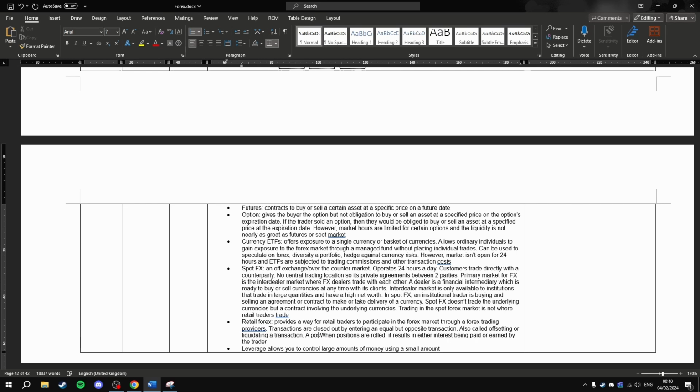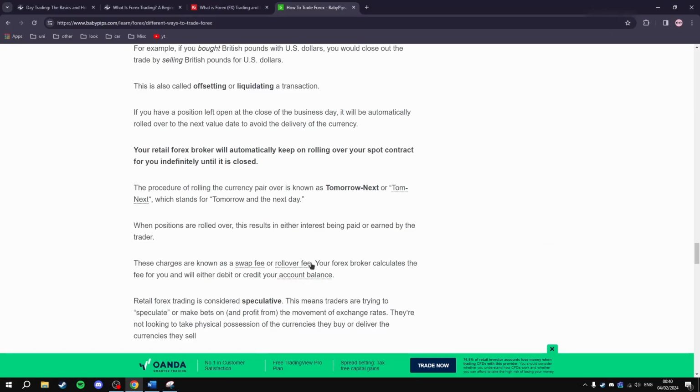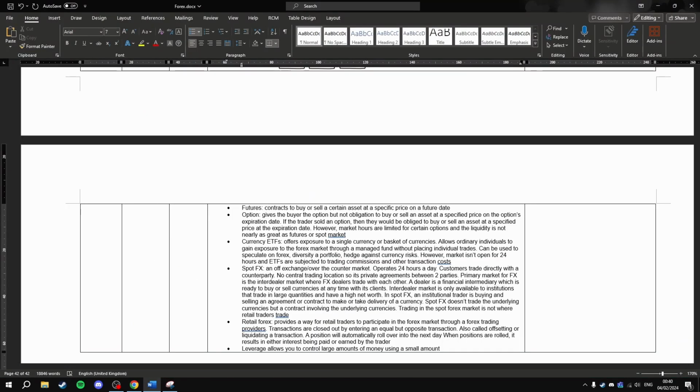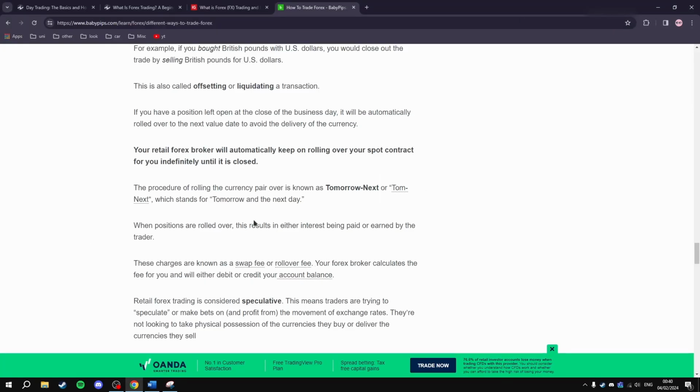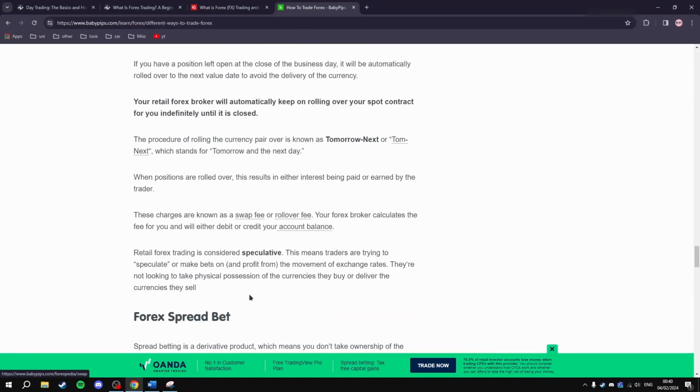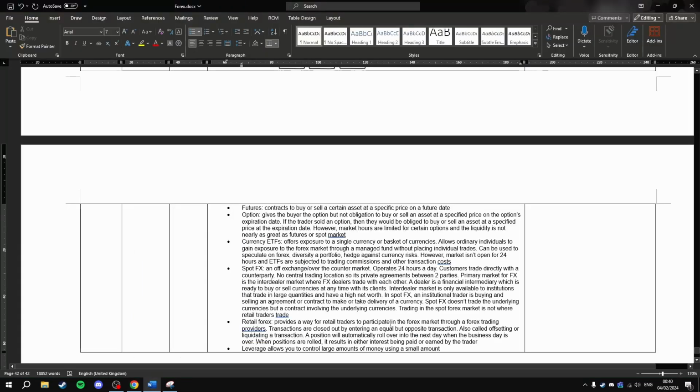A position will automatically roll over into the next day when the business day is over.